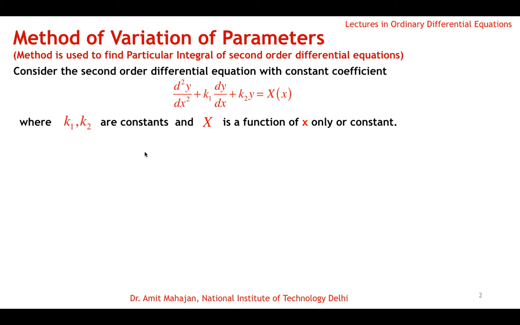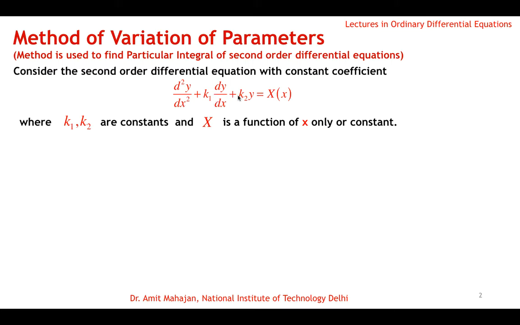So to see how to use this method to find the particular integral, let us first consider the second order differential equation with constant coefficients, which is given by this equation: the second derivative of y with respect to x, plus k1 times the first derivative of y with respect to x, plus k2 y is equal to capital X, where capital X is a function of x only, or it may be a constant.